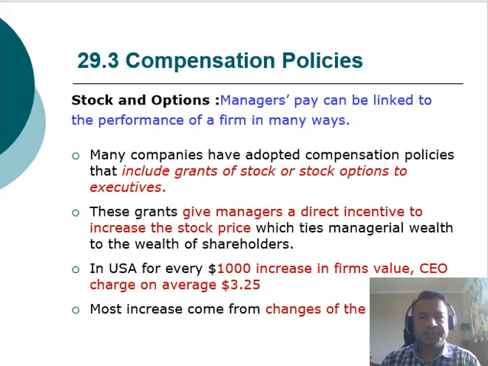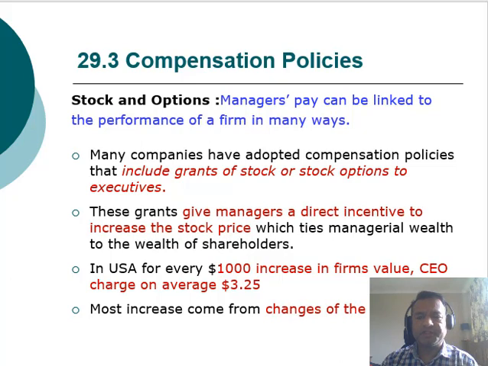So the compensation policy is the next slide. The compensation policy can include stock and options. Managers' pay can be linked to the performance of a firm in many ways. For example, many companies have adopted compensation policies that include grants of stock or stock options to the executives.